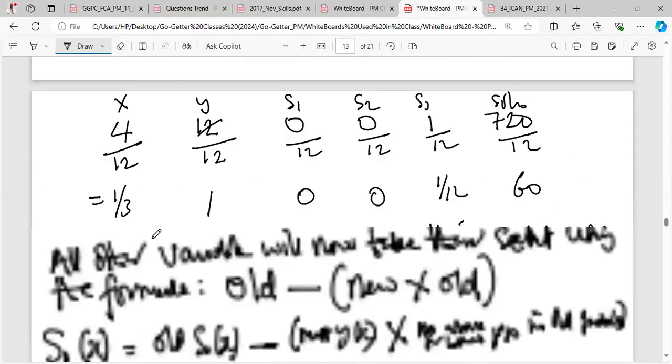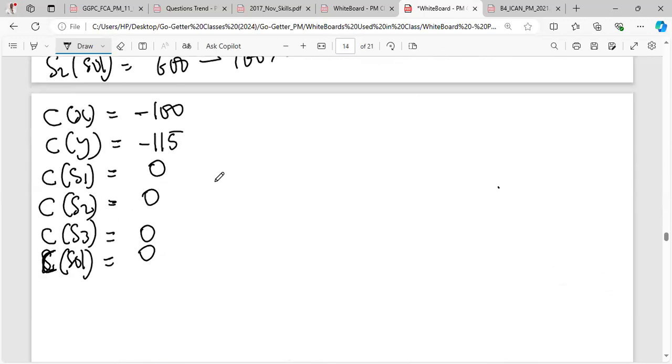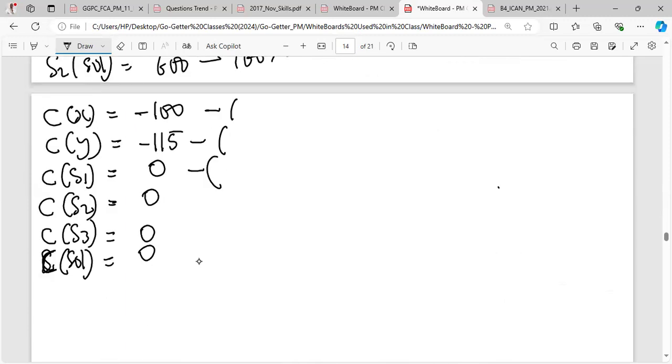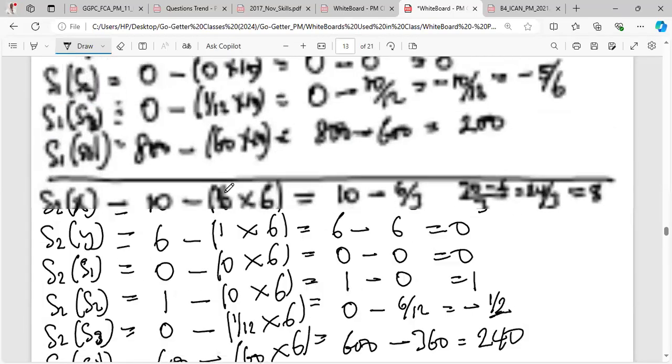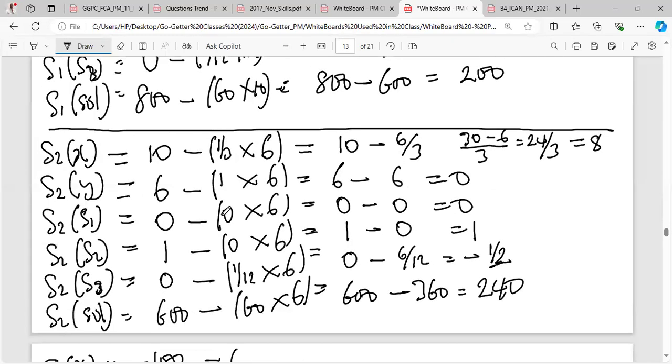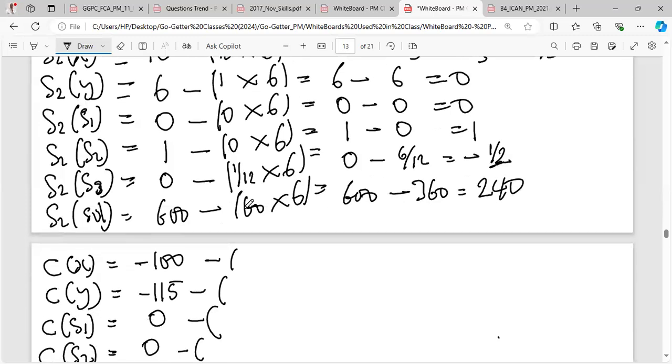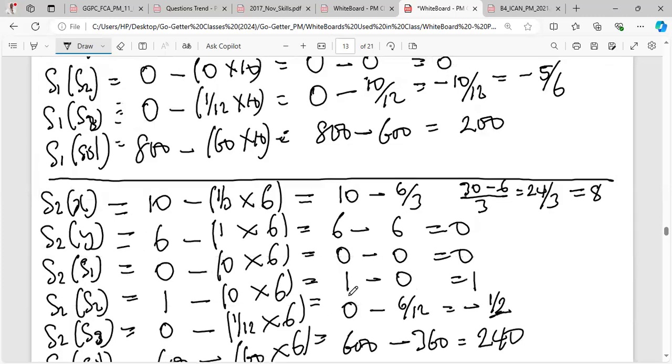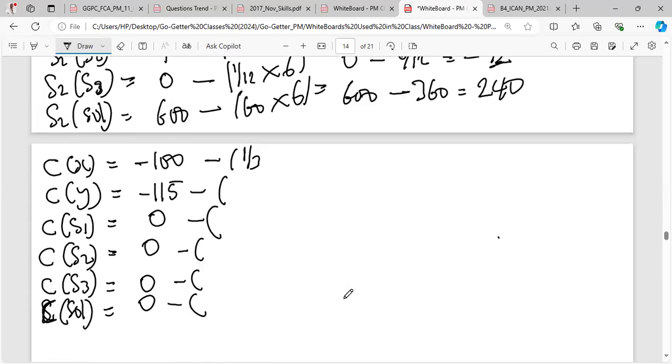We'll now go here. We have indicated all the C's. So we will now say minus, minus, minus. We already know what we are going to use. Minus, minus, and minus. We've done it before. 1 over 3, 1, 0, 0, 1 over 12, 60.